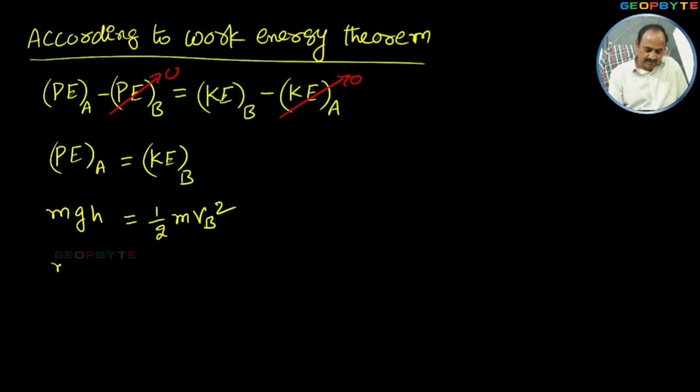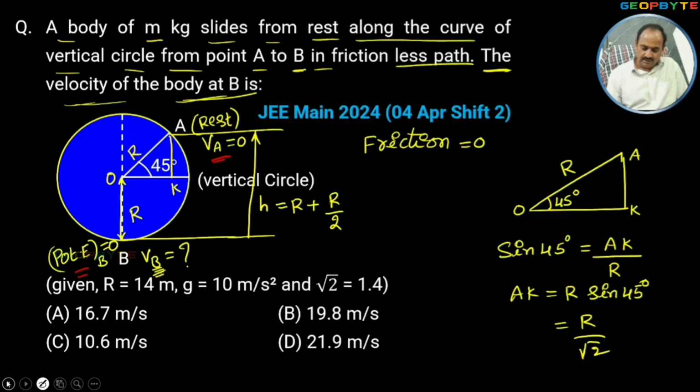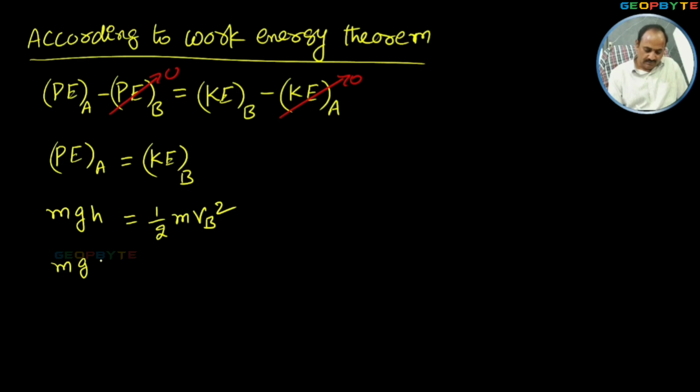So here m g into H value. Already you got the H value. H value is R plus R by root 2. Should be very careful. R plus R by root 2 is equal to half into m into VB square.